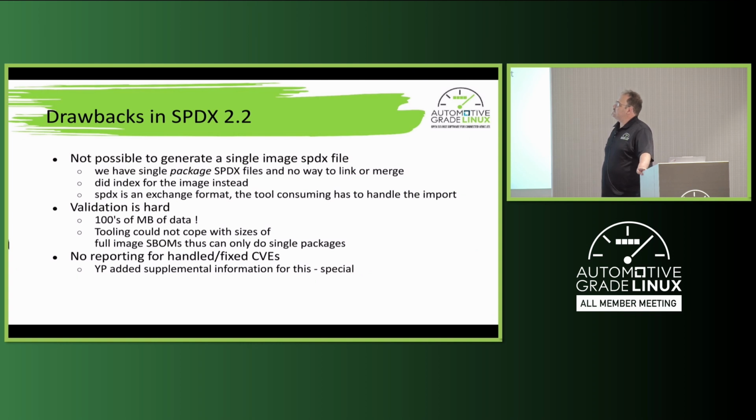Back then, I didn't know of a tool that could digest this. So we were the first penguin in producing a full image SBOM, with kernel, with user space, with application. I wasn't aware of a tool that could read the index that references all these files and parse it.